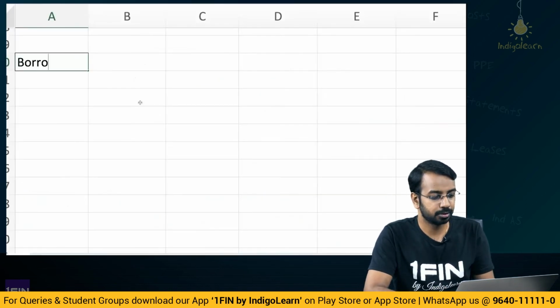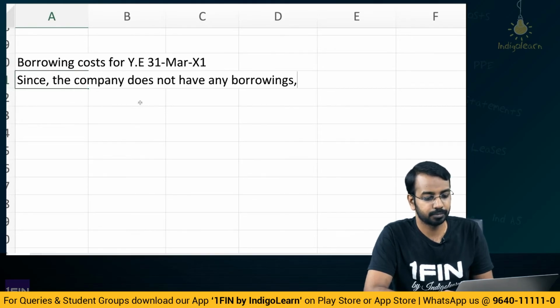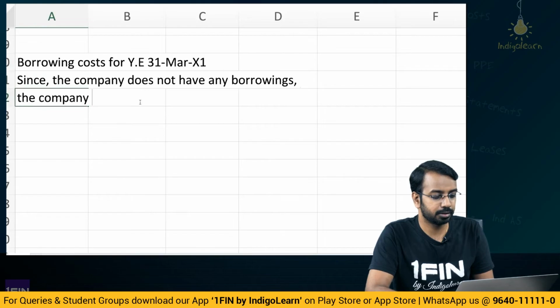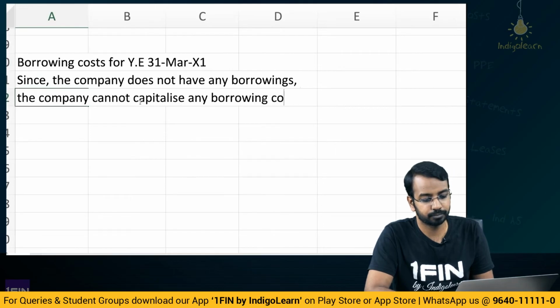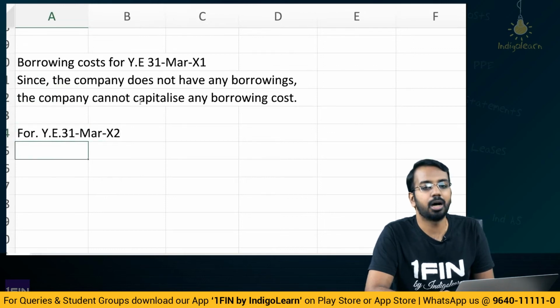Now, borrowing cost for year ended 31st of March of year 1. Since the company does not have any borrowings, the company cannot capitalize any borrowing cost.